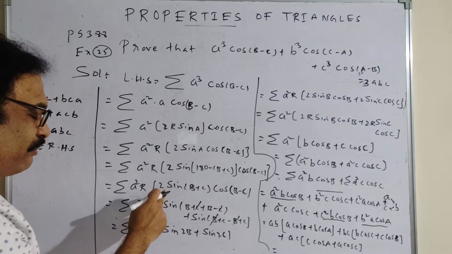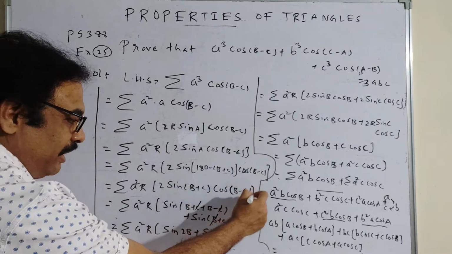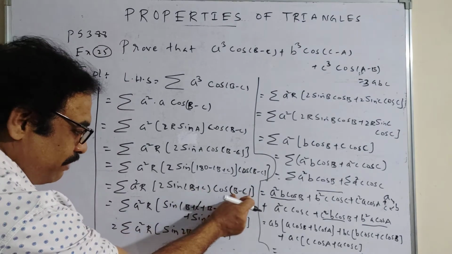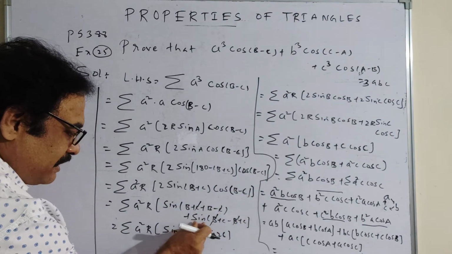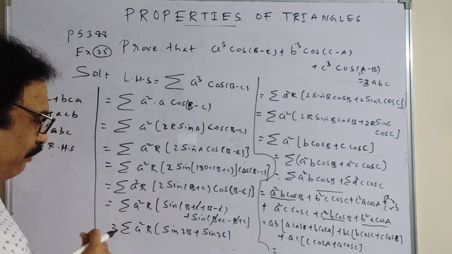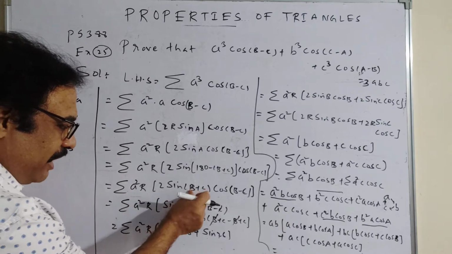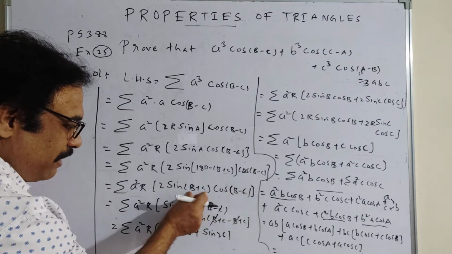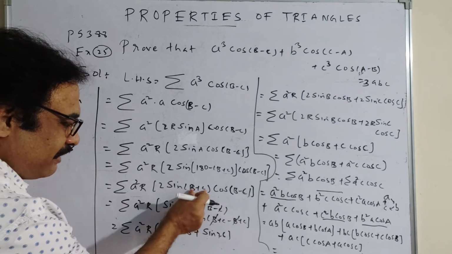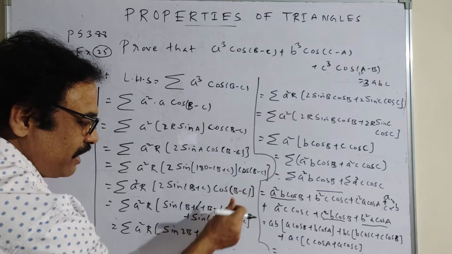Now we have the formula 2 sine A cos B can be written as sine of A plus B plus sine of A minus B. Therefore, what we are going to write, a square R you keep as is, sine of b plus c plus b minus c, plus sine of b plus c minus of b minus c.